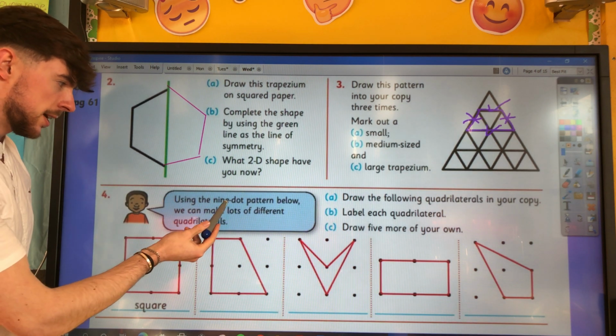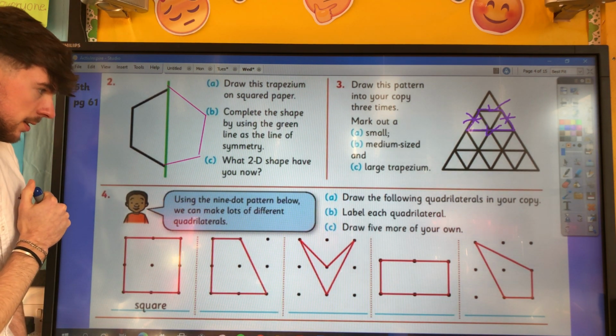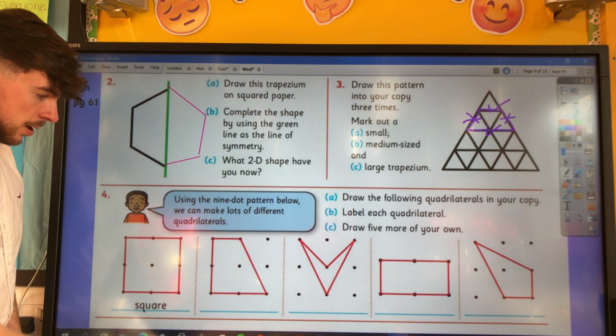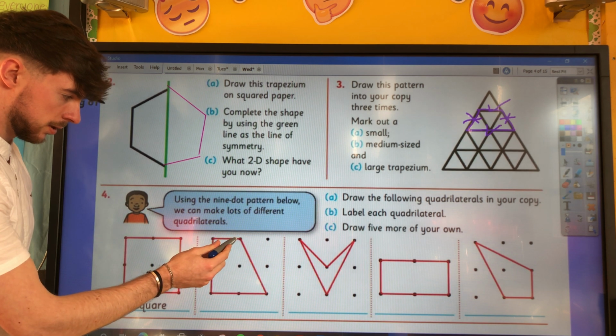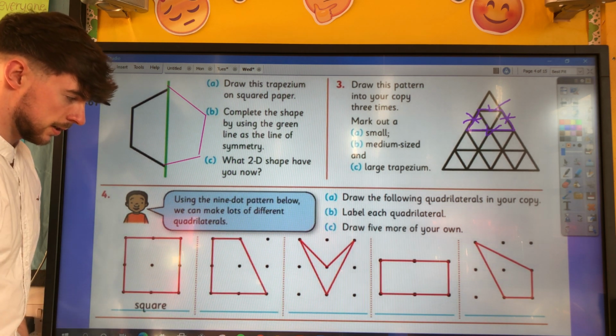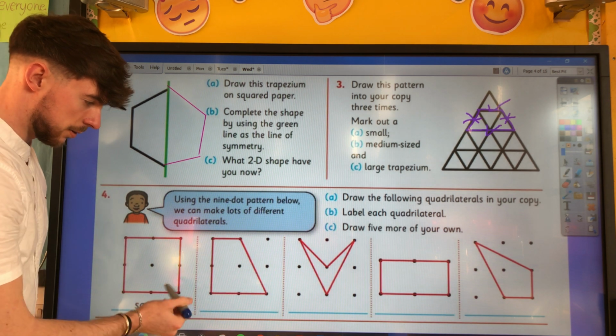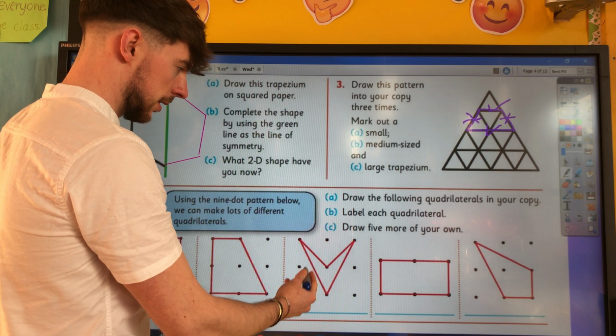And then using the 9 dot pattern below, we can make lots of different quadrilaterals. So we have a square here. What's this called? So it has 1, 2, 3, 4 sides. None of them are equal. So what is it? Okay, we should know. This one.